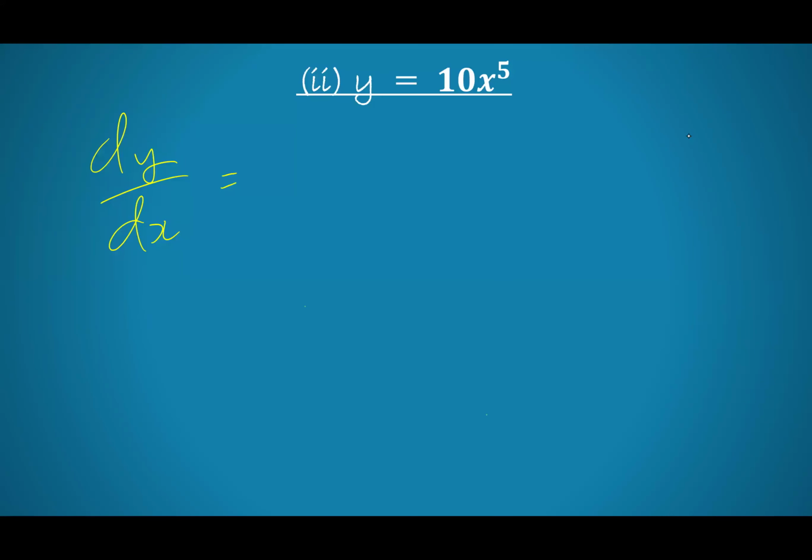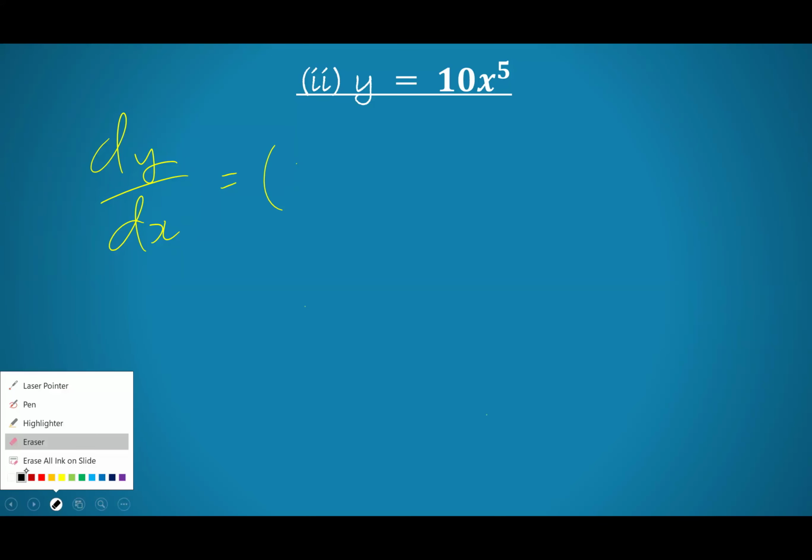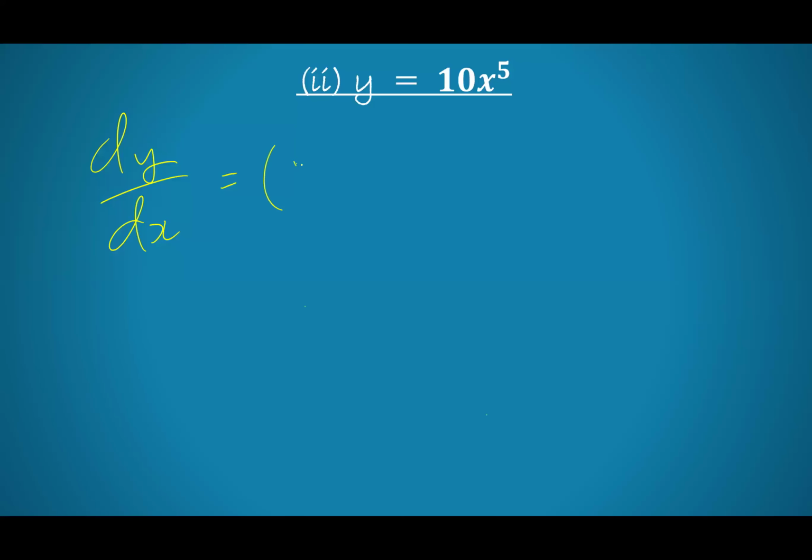That is 10 times 5, x to the power 5 minus 1, which brings us to 50x to the power 4. Good. Let's move to the next one.